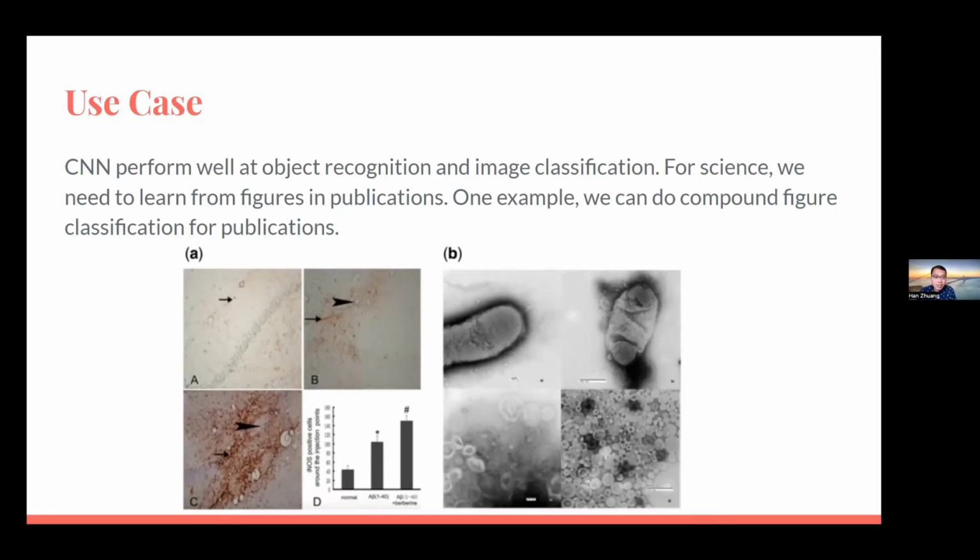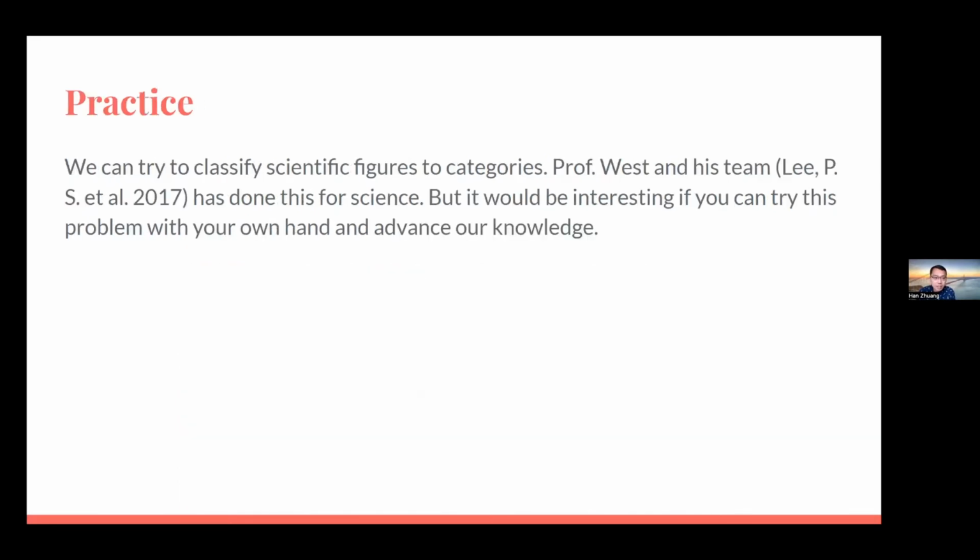One example is that we can separate compound figures from other figures so that we can do more analysis on compound figures, or make sure that the figure we analyze is a subplot, so that we can do some specific analysis.